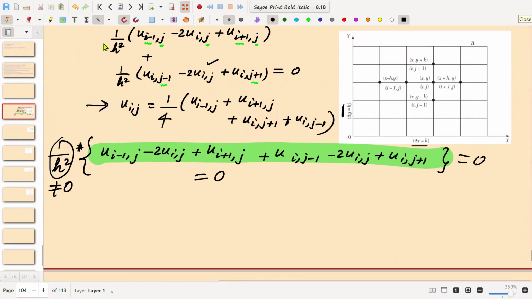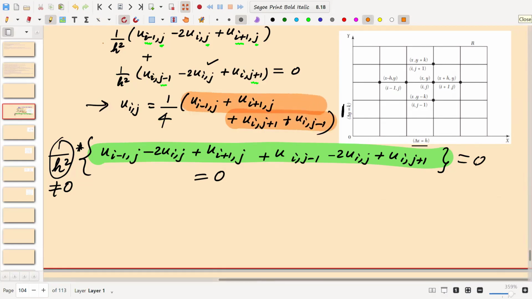Now I want you to understand this part. What can you understand from this part?